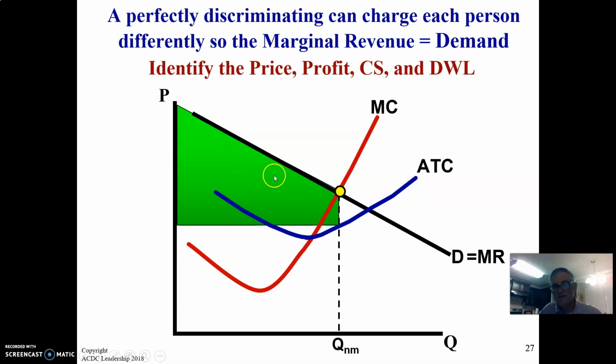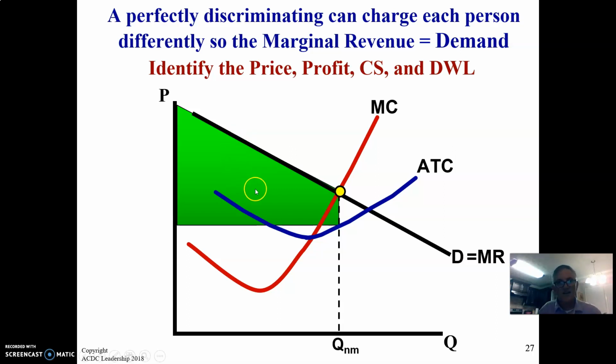And here's the reason. If the first person is willing to pay $11, we're going to charge him $11. The second person is willing to pay $10, we're going to charge him $10. Third person is willing to pay $9, we're going to charge him $9. This is a little bit tricky, okay?